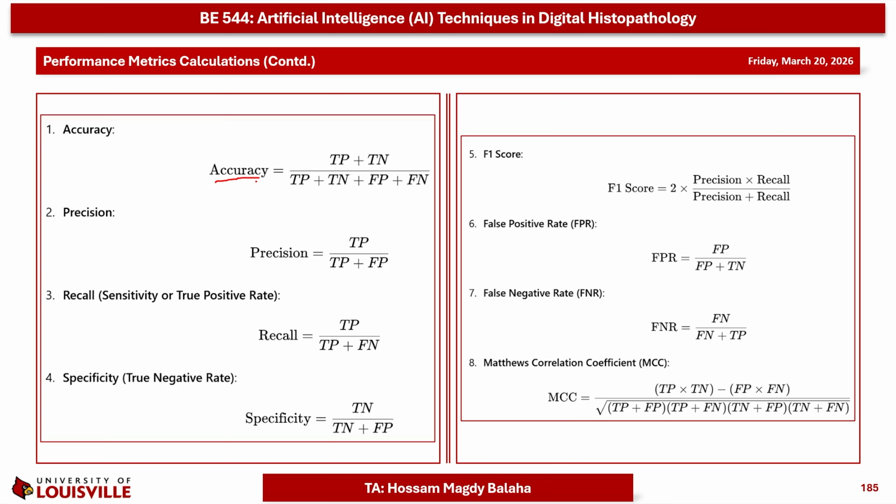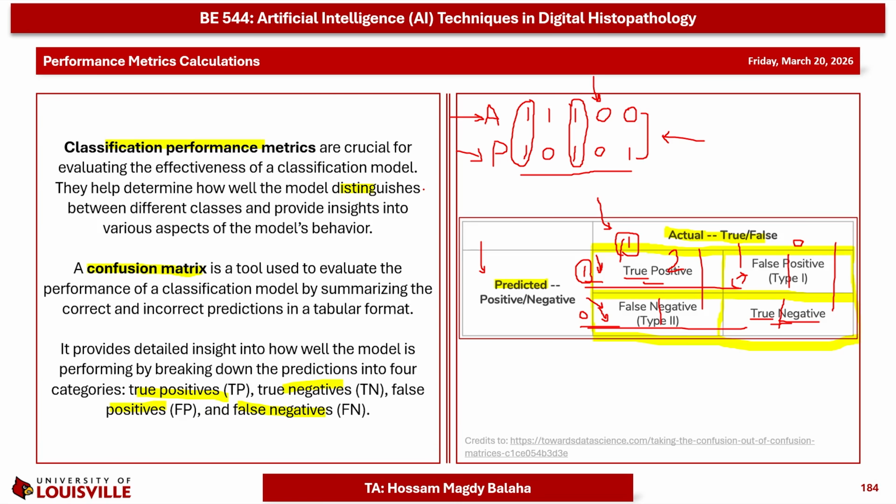Here we are dividing the summation of true positive and true negative over the total number of the confusion matrix instances. So reflecting that on our system, we have 2 plus 1 for the true positive and the true negative, so it's 3 over 5, which refers to 60% accuracy.